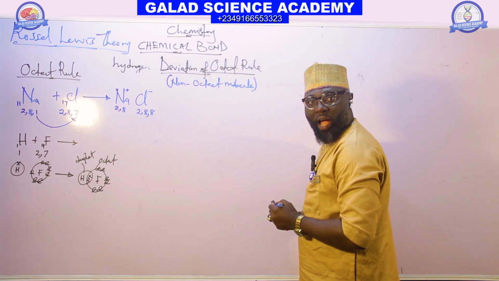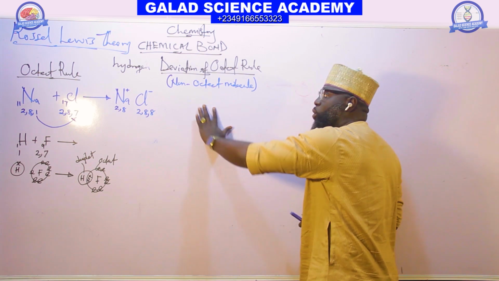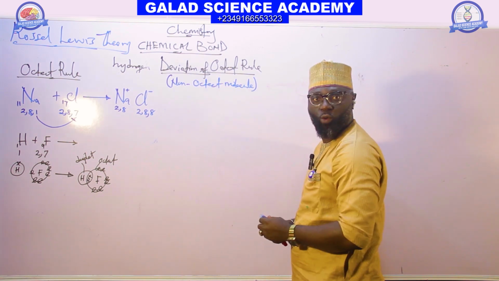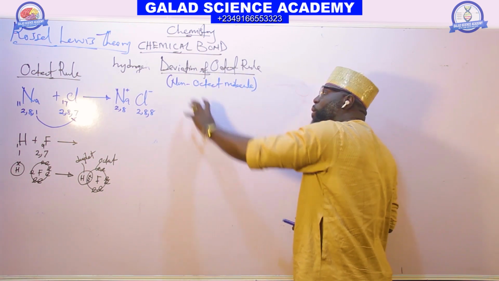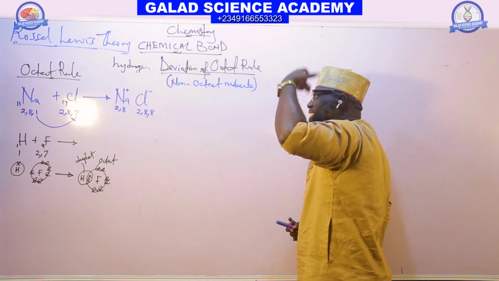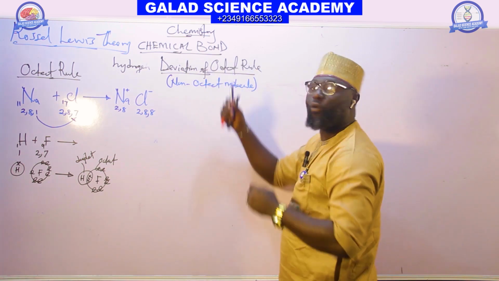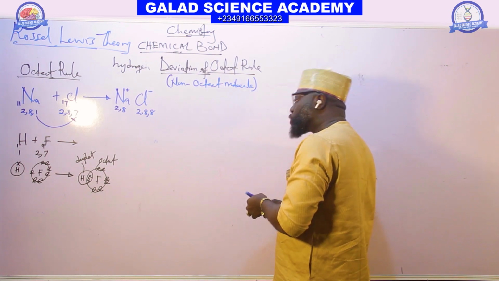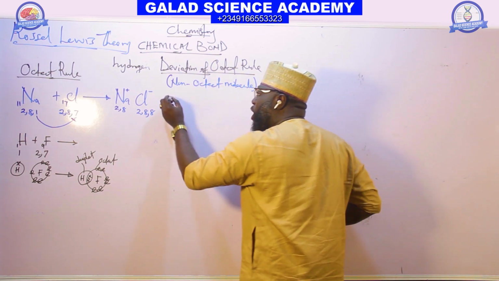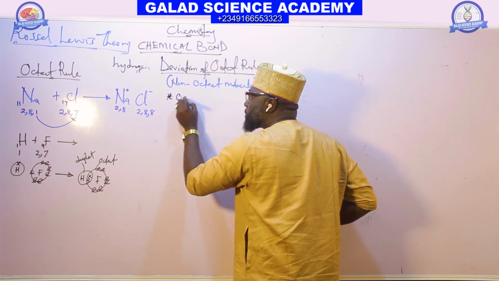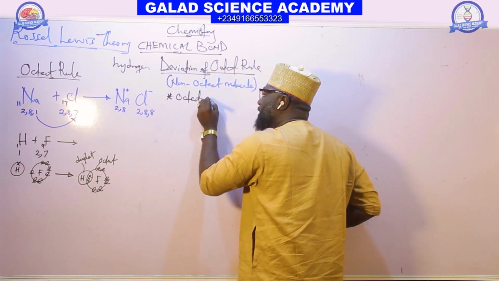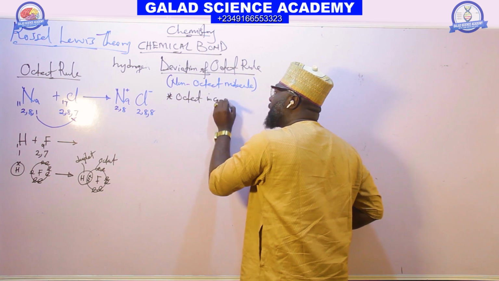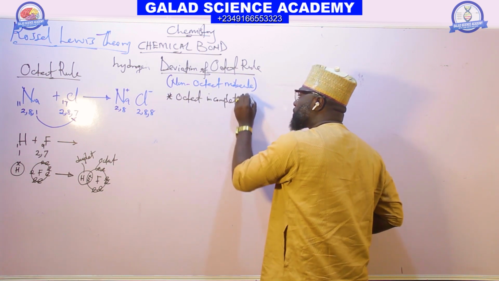And these molecules can be grouped into two. Non-octet molecules, or molecules that deviate from the octet rule, can be grouped into two. The first one is octet incomplete molecules.